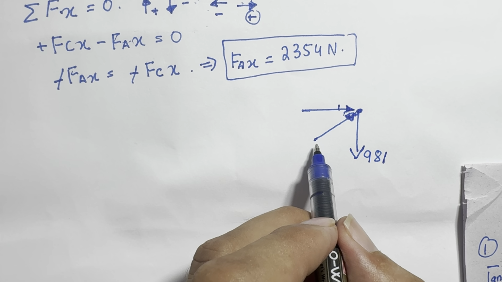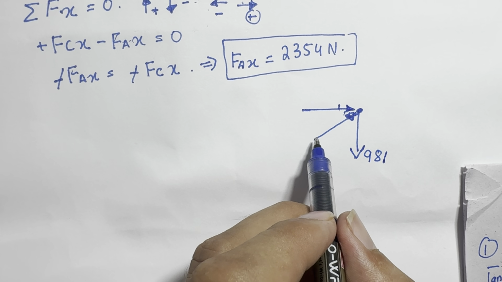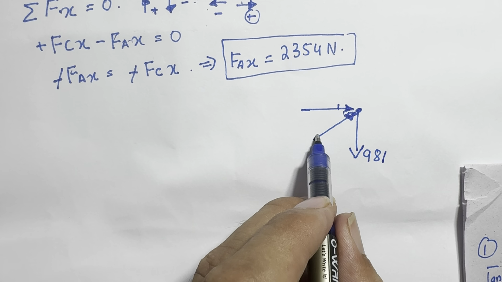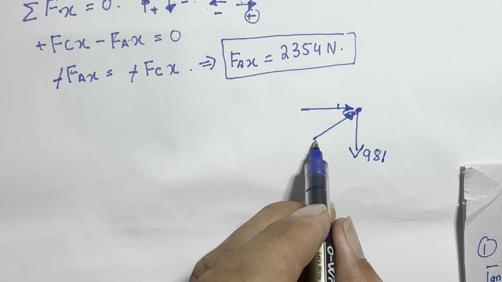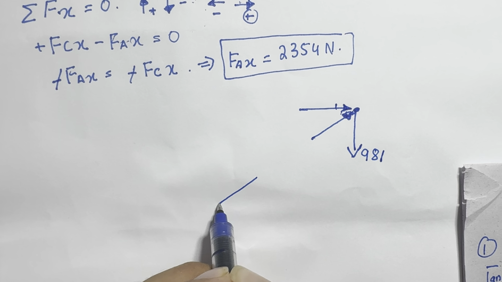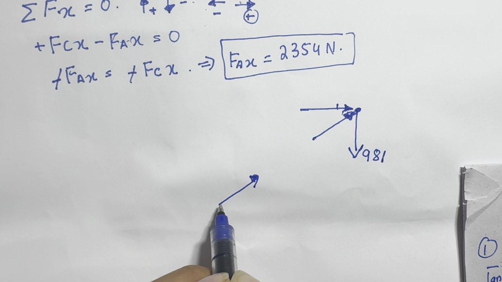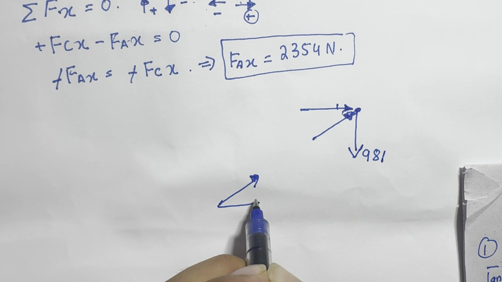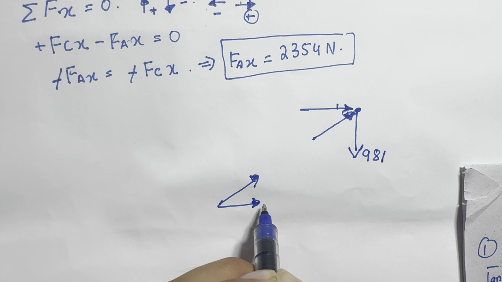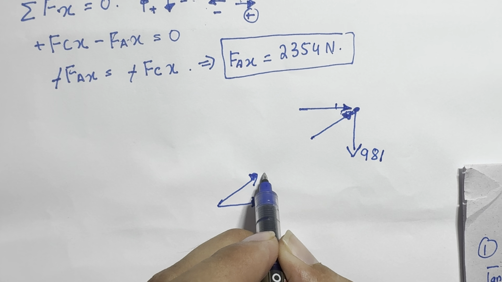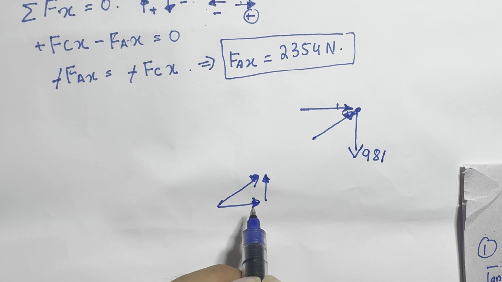First of all, by the head to tail rule, I will resolve this force into its components. This force will have two components: a horizontal component, directed toward the right, and a vertical component.